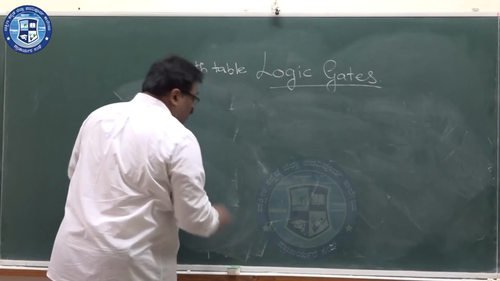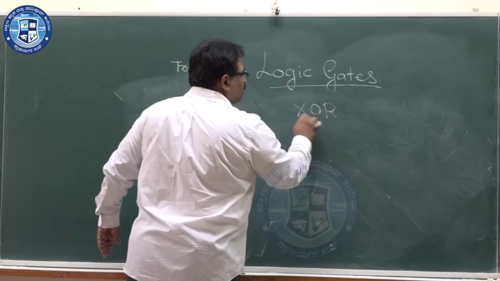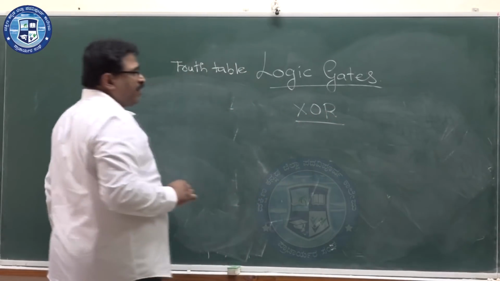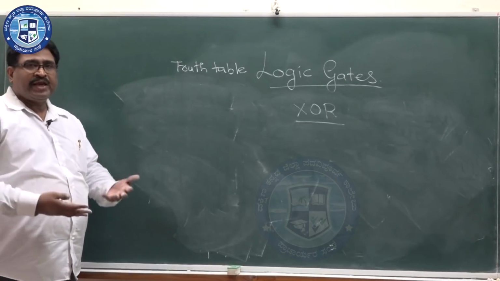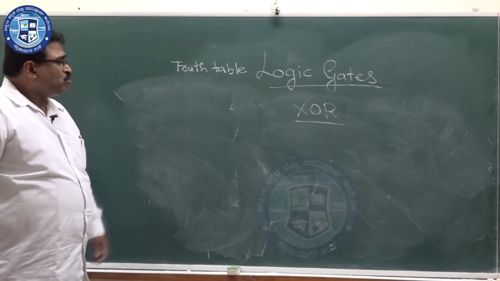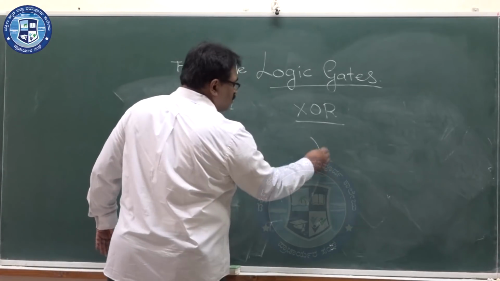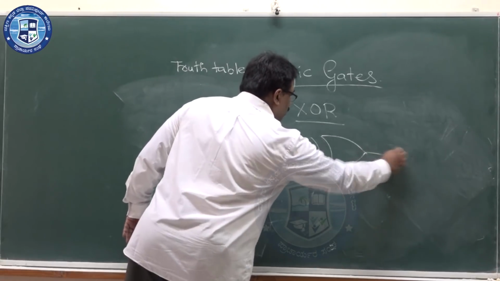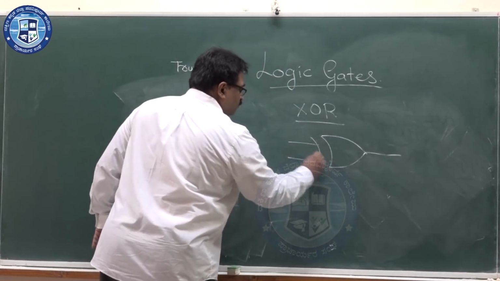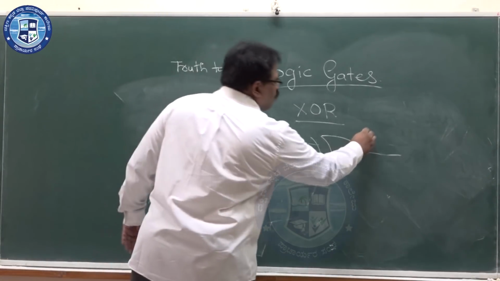That is XOR gate. That is exclusive OR gate. This is again a derived gate. So what is the symbol that we use for this? This is the symbol, basically we use it, and this is again I am talking about two inputs A, B. So what will be your output?